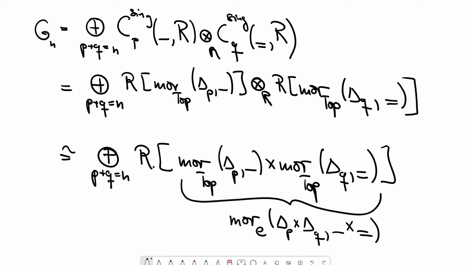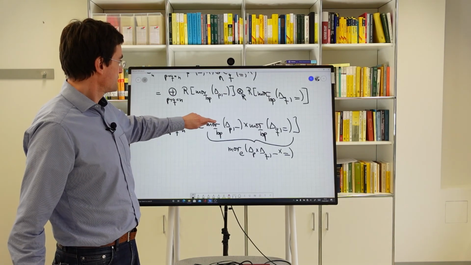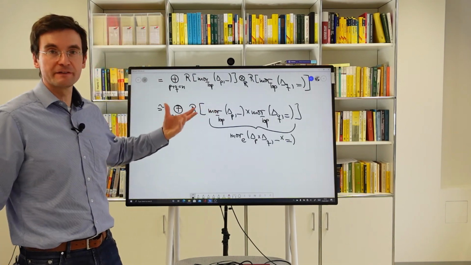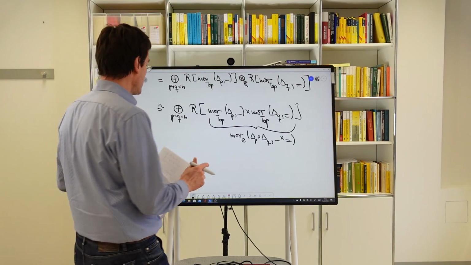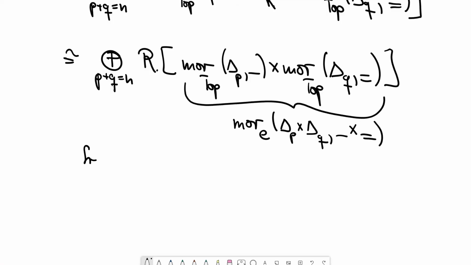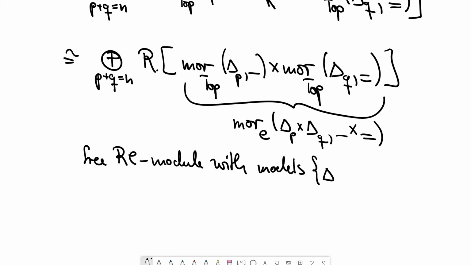So you see that also G star consists of free RC modules, but so this is a free RC module, G_n, with models this whole set, delta P times delta Q for all P, Q that add up to n. It's a different model set, but it's also a free module.